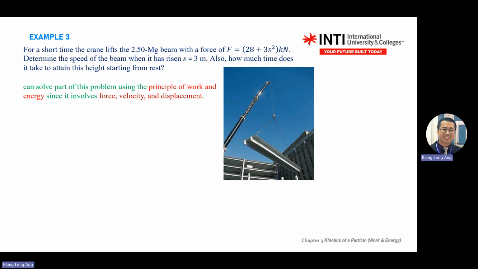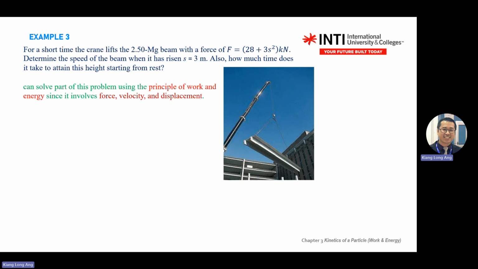In your test 1 or test 2 or your final exam, you'll get megagram. Force here is changing, in kilonewton. Kilonewton. Remember that. Determine the speed of the beam when it has risen 3 meters from the ground. Also, how much time does it take to attain this height from rest?